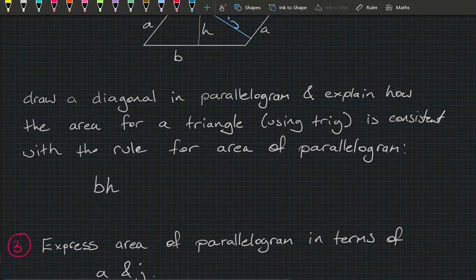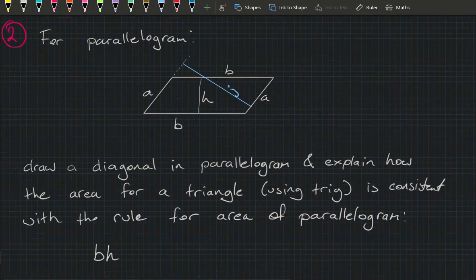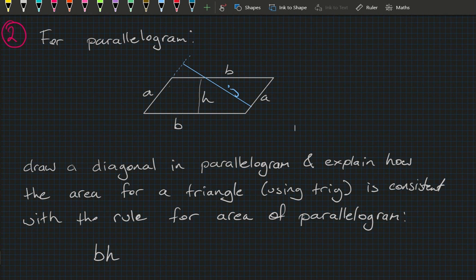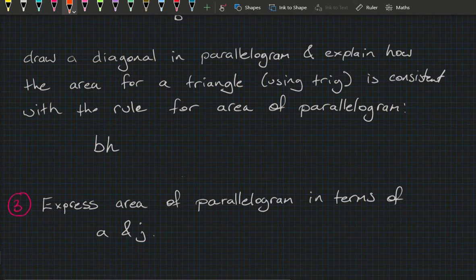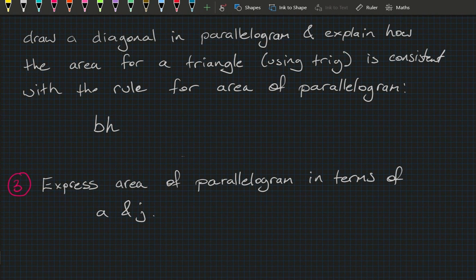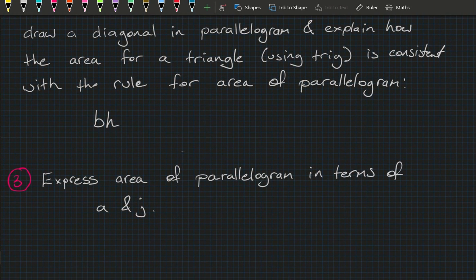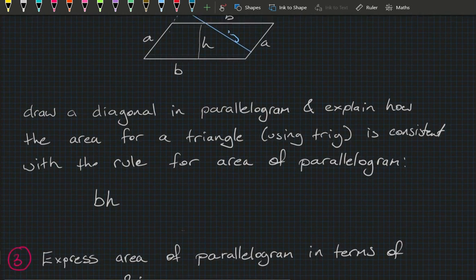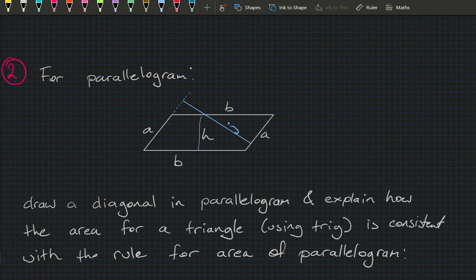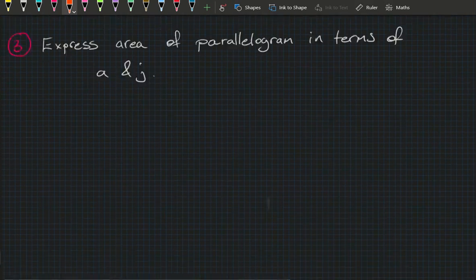The other part is that you see I've drawn this j here. j is sort of like the height going from A to A. I want you to express the area of the parallelogram in terms of a and j. My tip for you for parts 2 and 3 here is that you might want to slide j and h along and redraw this parallelogram with h and j in the correct place. I think that's the end of that.